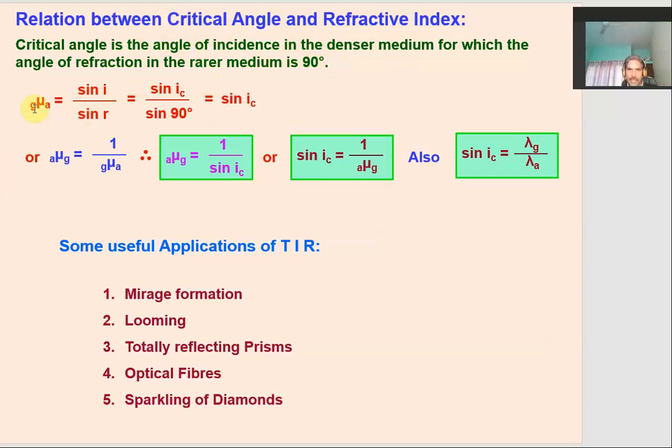At that angle, by Snell's law, mu a g, where a is air, a rarer medium, and g is glass, a denser medium, since the light ray is coming from glass, this is equal to sine of the angle of incidence upon sine of the angle of refraction. Here the refraction angle is 90 degrees, so sine 90 is 1. At that angle, the angle of incidence is called the critical angle, so we write it as IC. So this refractive index will be equal to sine of IC.